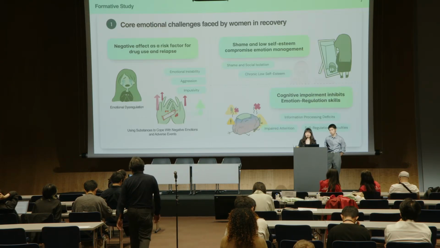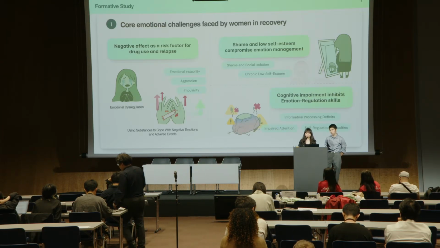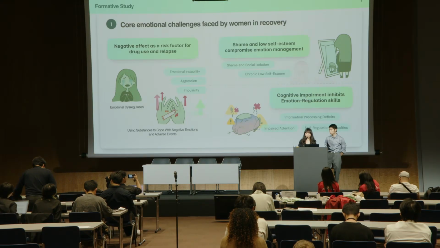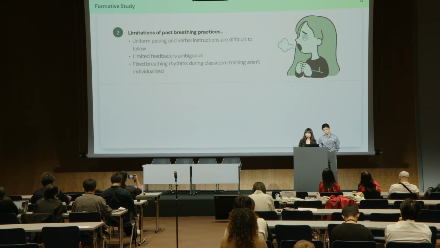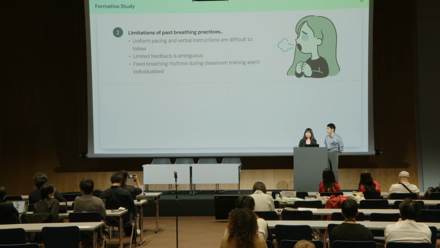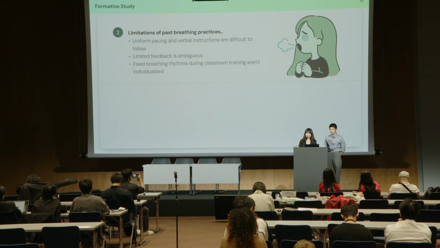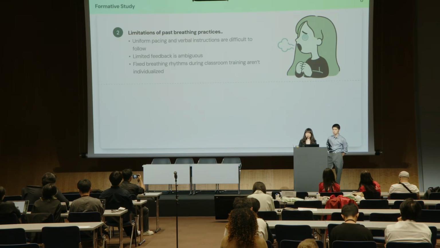And finally, cognitive impairment from drug use also makes them lose focus, lack motivation, or become easily frustrated when learning emotion regulation skills. The women reported that in the past, breathing practice, uniform pace, and verbal instruction were hard to follow. Limited feedback made them unsure of their progress, and only fixed breathing rhythms were practiced, which do not cater to individual needs.